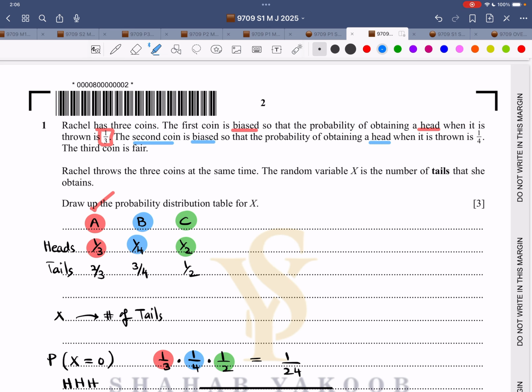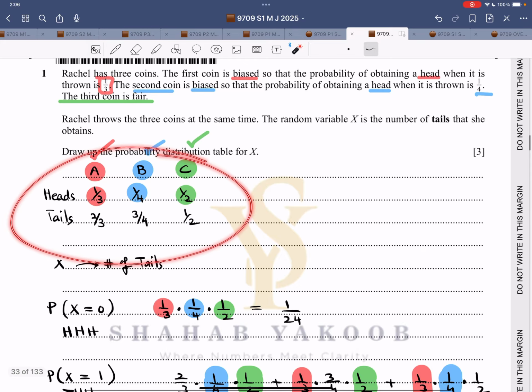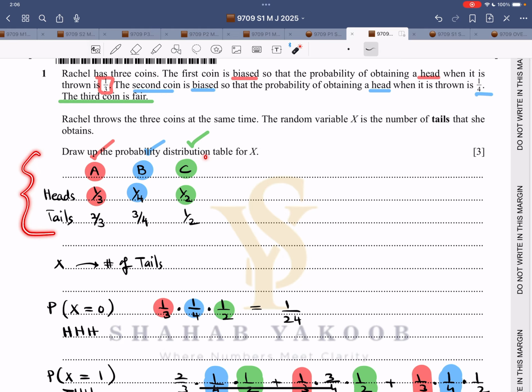The probability of obtaining a hit is 1/4, that is the second one. And the third coin is fair. The probability is half and half. So head, it's half, tail, it's half. Now the very first thing after reading the first paragraph is that I have jotted down the main details over here.